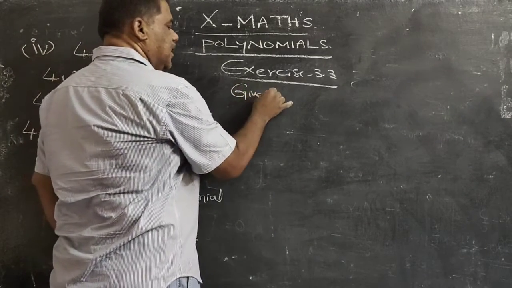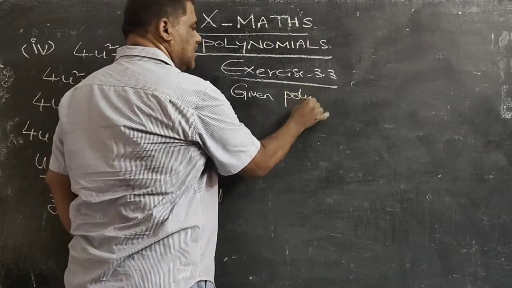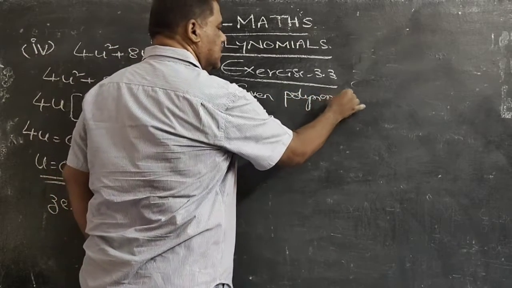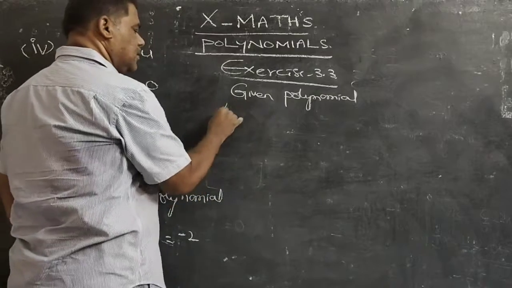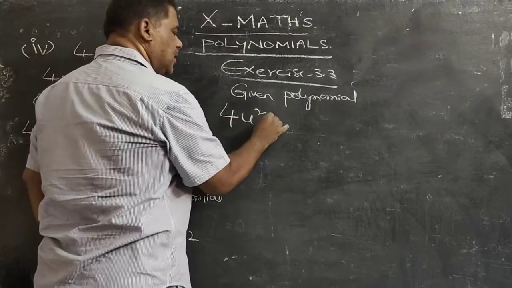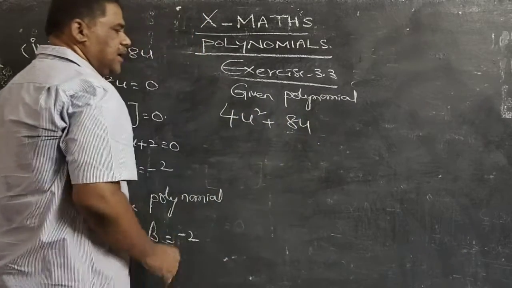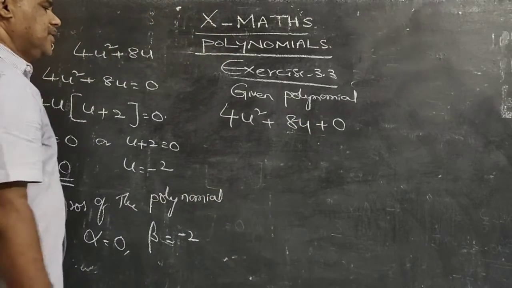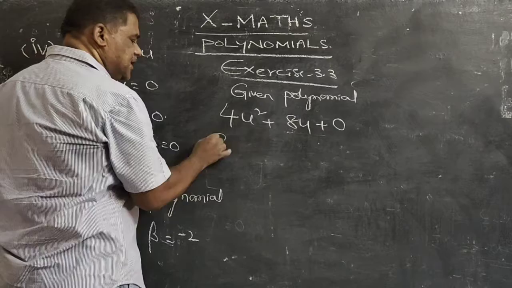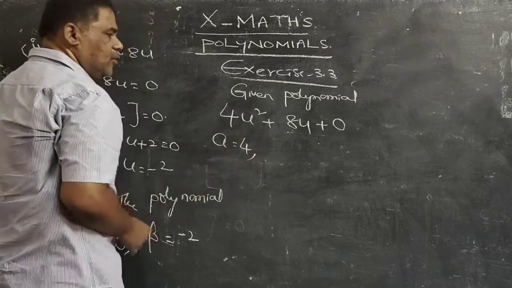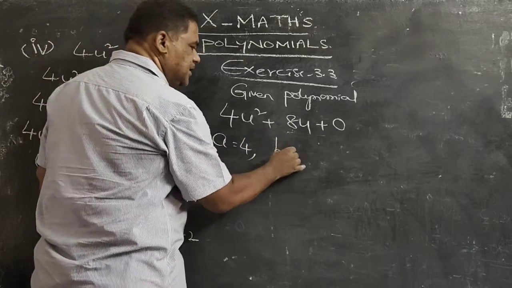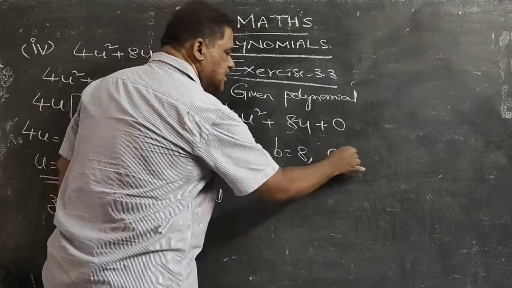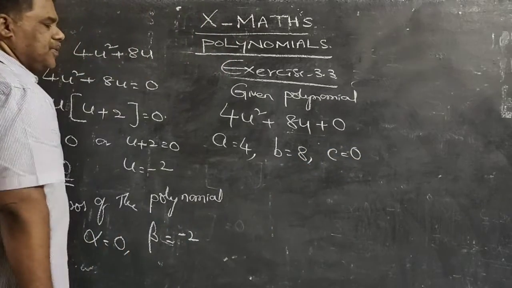Now the given polynomial, let us say, is 4u square plus 8u. Here the constant term is not there, it is missing, so write plus 0. U square coefficient is called a, that is 4. U coefficient is called b, that is 8, and constant is called c, that is 0.